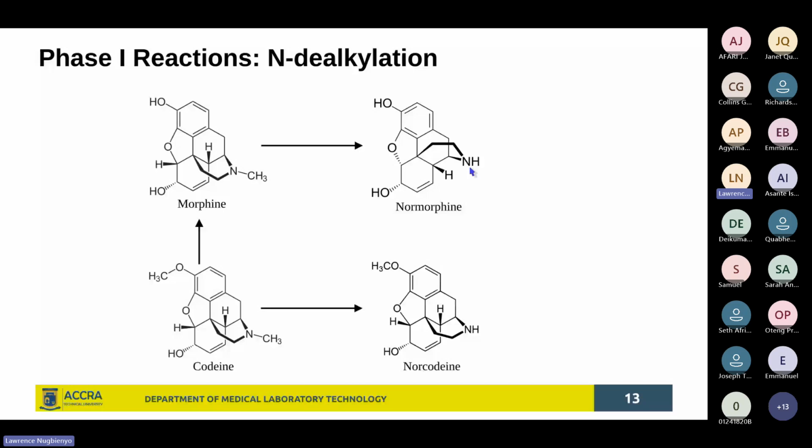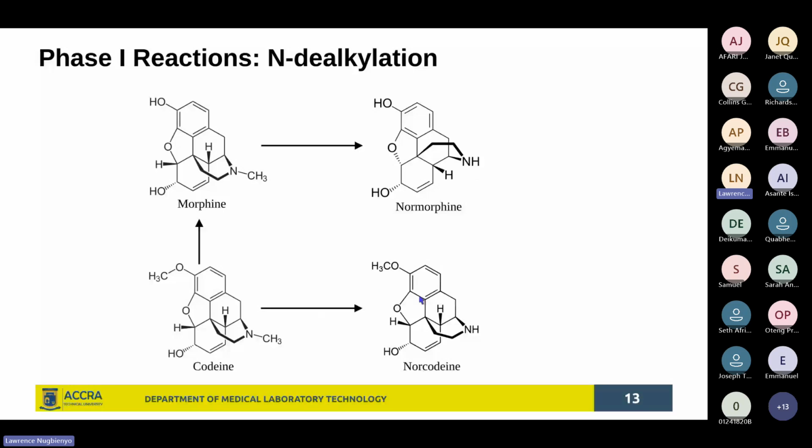Now, one interesting thing about this process is that, right from the beginning, I mentioned that even though biotransformation sometimes is referred to as detoxification, it is not in all cases that the process of biotransformation results in detoxification. Actually, in some cases, the process can result in the formation of more toxic substances. And here we see an example where codeine is being transformed into norcodeine.